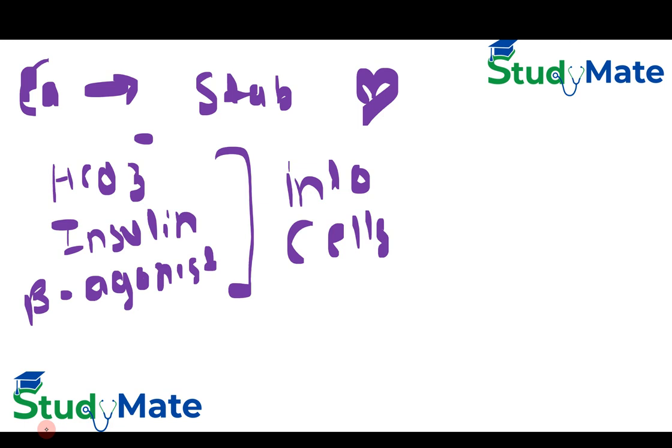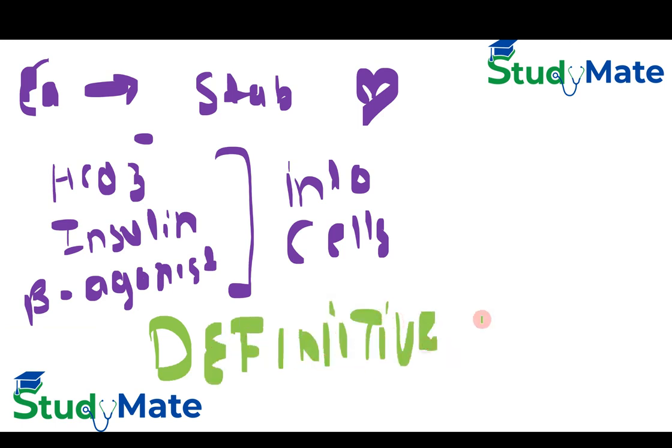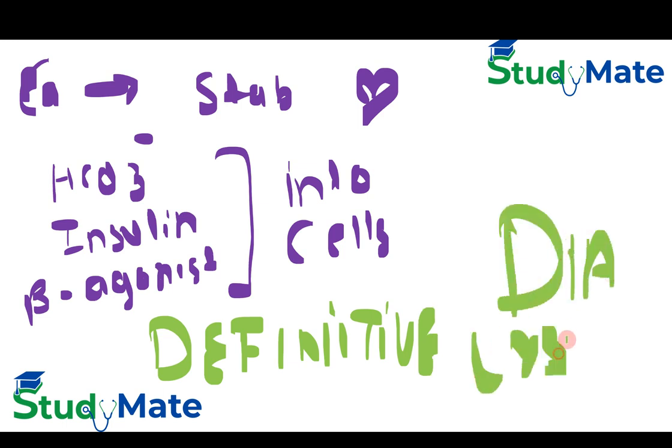And if they are asking what is the definitive treatment of hyperkalemia, the definitive treatment of hyperkalemia is dialysis. Dialysis. This is very important. Dialysis is the definitive treatment of hyperkalemia. And one more thing, if even by all these techniques hyperkalemia is not resolved, what you will do?